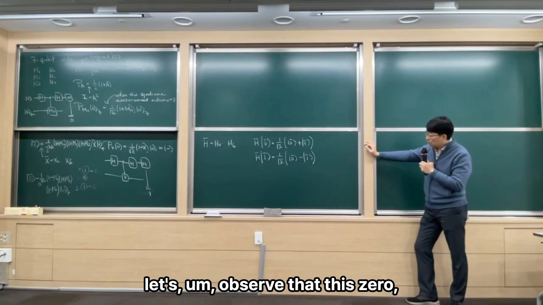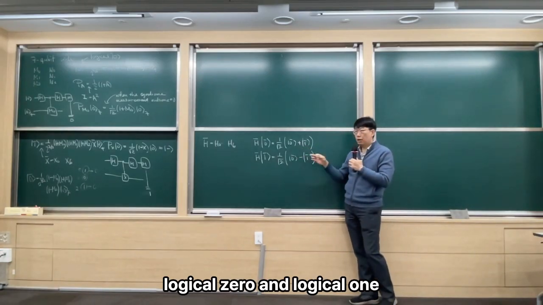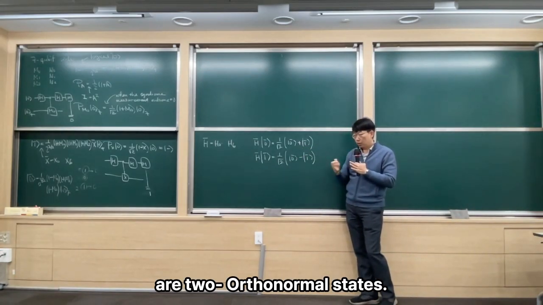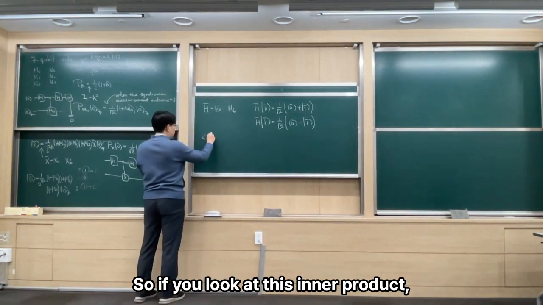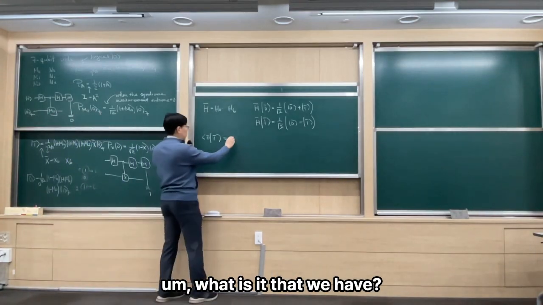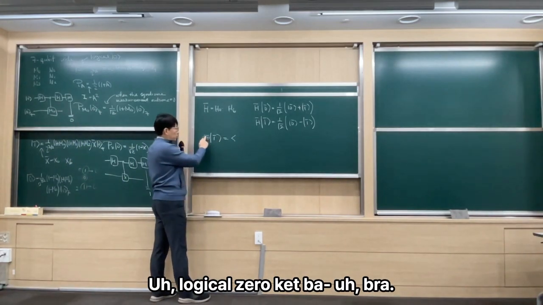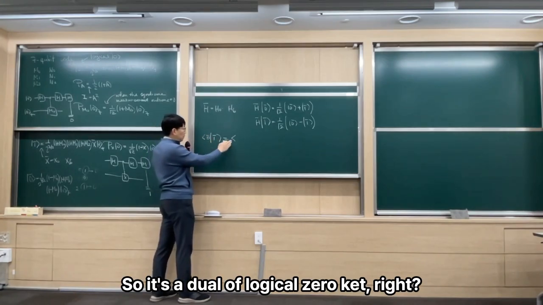So first of all, let's observe that logical 0 and logical 1 are two orthogonal states. So if you look at this inner product, what is it that you have? Logical 0 cat bra. So it's a dual of logical 0 cat, right?